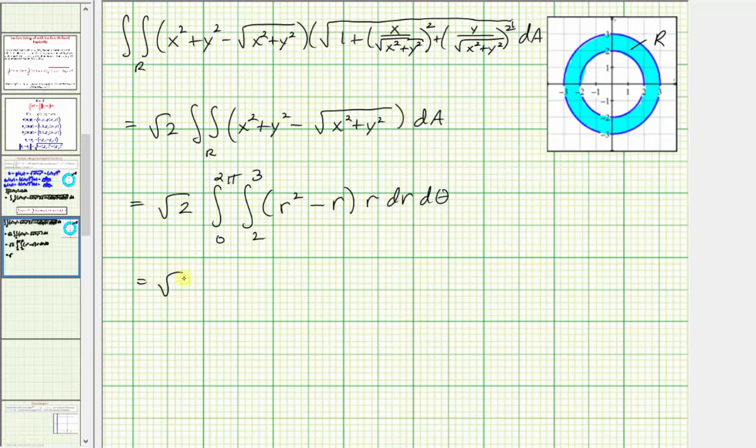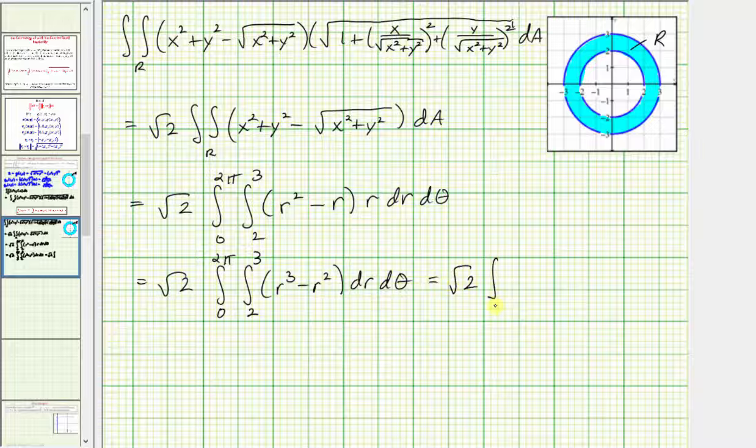So we have the square root of 2 times the double integral, and we'd have r to the third minus r squared dr d theta. And now we integrate with respect to r. So the antiderivative is r to the fourth divided by 4 minus r to the third divided by 3.